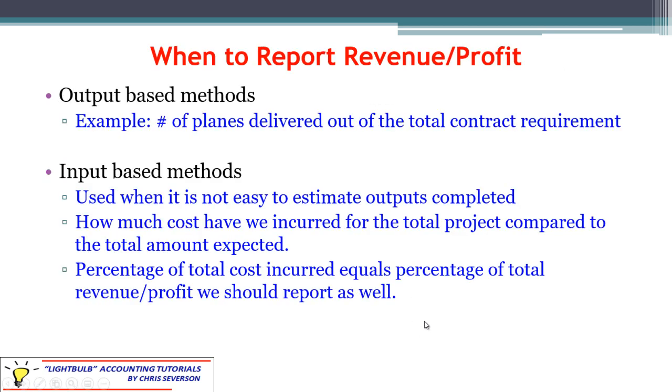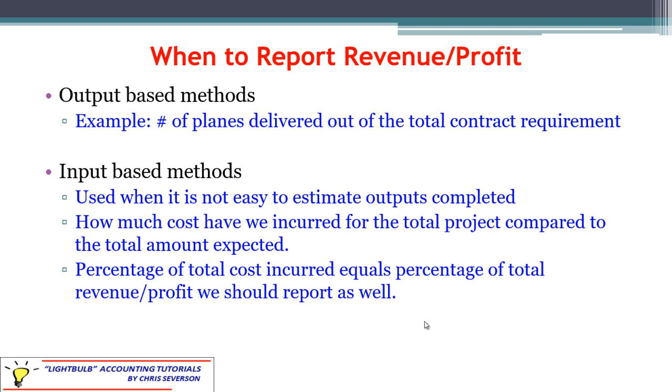So now the question is, how do we report revenue? There are a couple of different methods, a couple of different categories here. We could be looking at output-based methods, and that's where we are selling, yes, a long-term contract, in this case planes. We're manufacturing and selling a lot of planes to some buyer, some company that's buying from us.